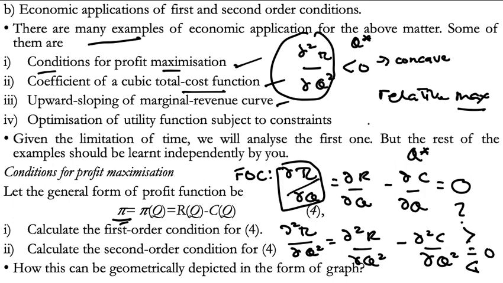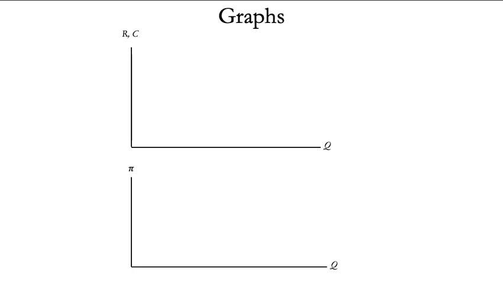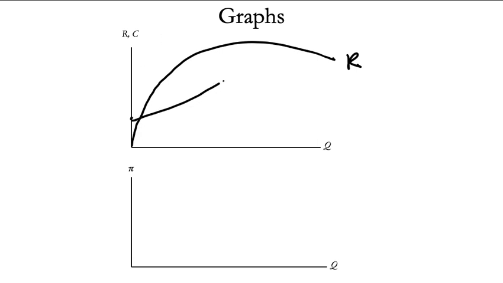Now, in the form of a graph, we can show it this way. So let's say our revenue function looks like this, increasing. As we produce more output, revenue increases, but at a decreasing rate. And then let's say for simplicity, our cost function starts here because we have fixed cost even if we don't produce.